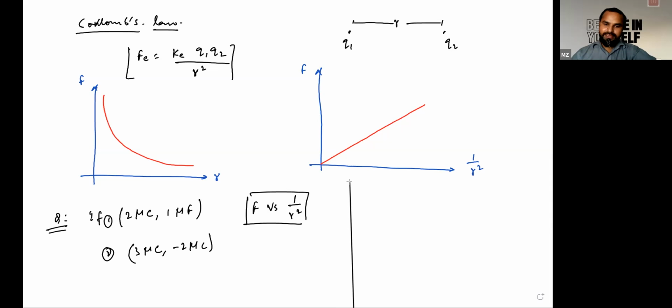Let's say we have the y-axis as force and the x-axis as separation between them. So try to define the nature of the graph for this first pair of charges and for this second pair of charges, where r is the separation between them.